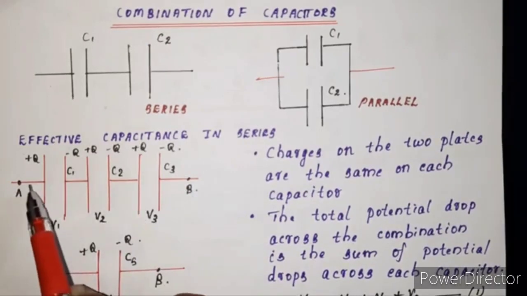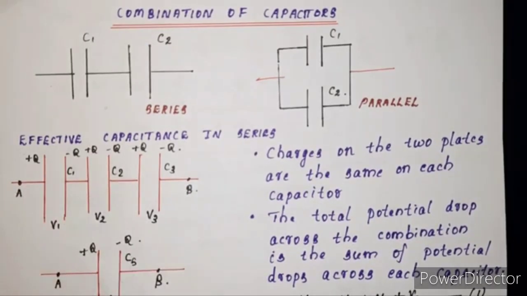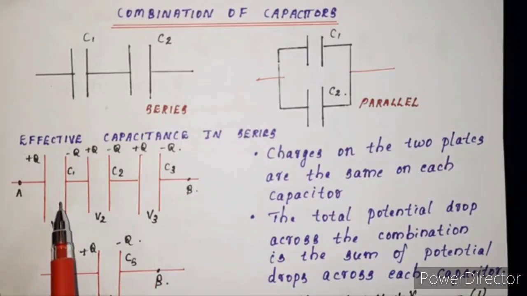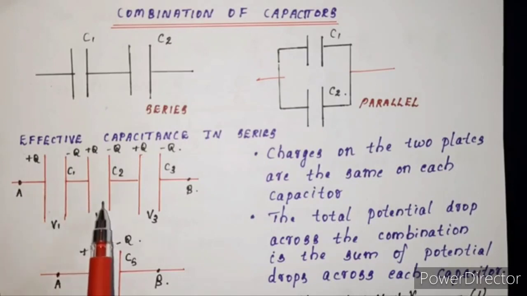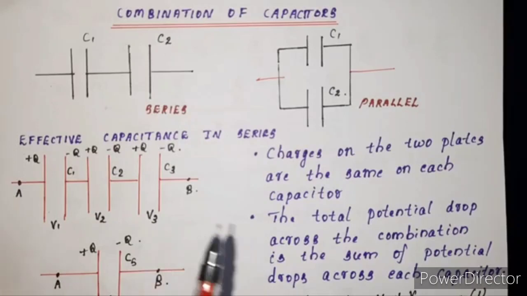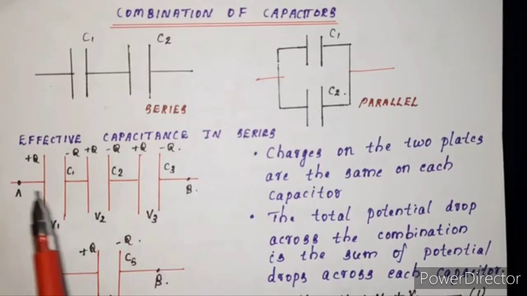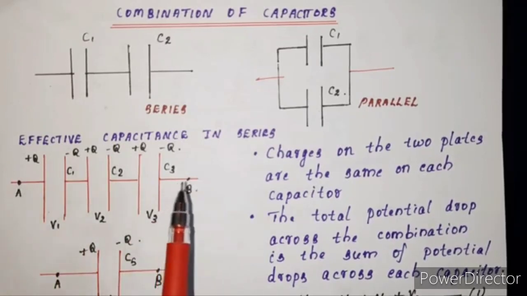Then here we consider the second point. We have connected the three capacitors between the two points A and B. Across each capacitor, the potential difference we took as V1, V2 and V3. So what about the potential difference across the points A and B?